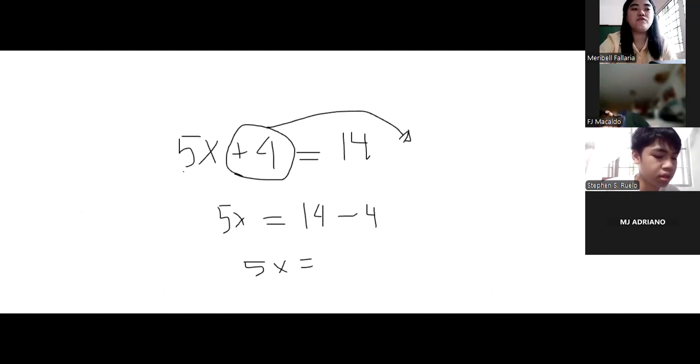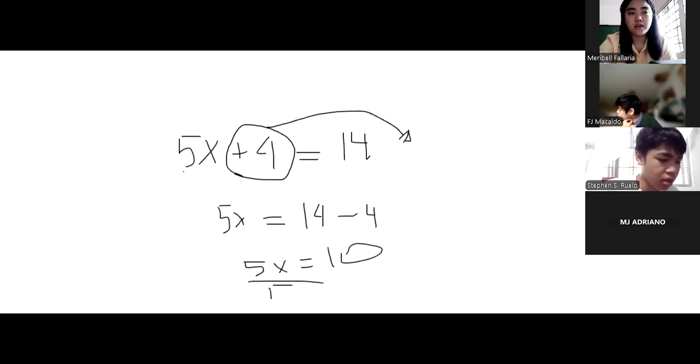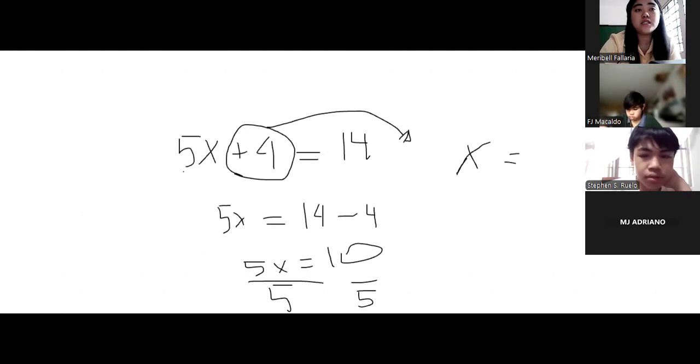So 14 minus 4 is 10. Tama? After this, we're going to divide both sides by 5. So 5 divided by 5 is 1, equal to x lang. And then 10 divided by 5 is 2.